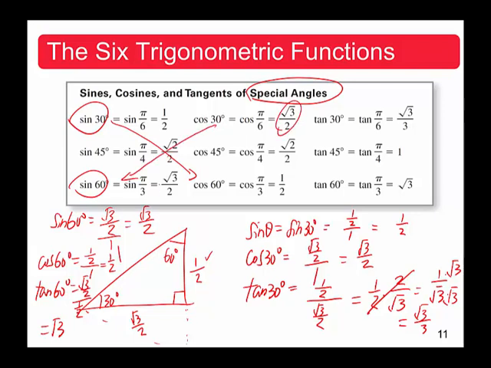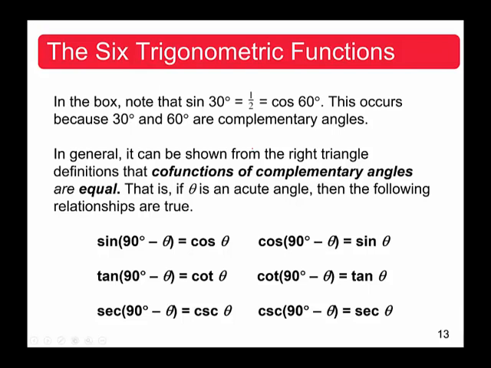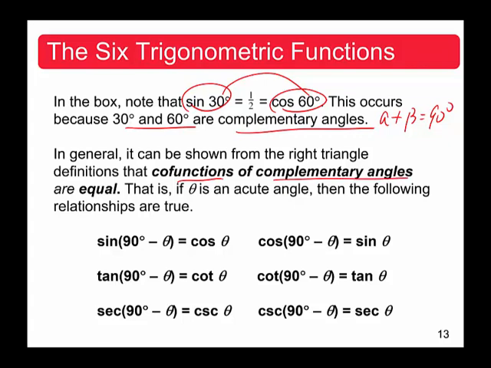That tells us something about sine and cosine. If you look at angles 30 and 60 degrees, they sum up to 90 degrees. If two angles sum up to 90 degrees, we call them complementary angles. So cofunctions of complementary angles are equal to each other.